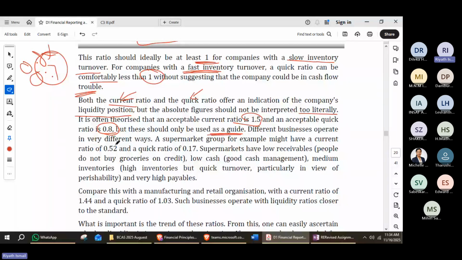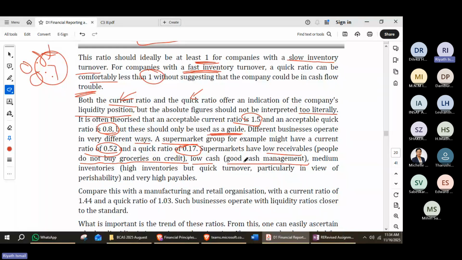Different businesses operate in different ways. A supermarket group, for example, might have a current ratio of 0.52 and a quick ratio of 0.17, right? Supermarkets have low receivables because people do not buy groceries on credit. Low cash, right?